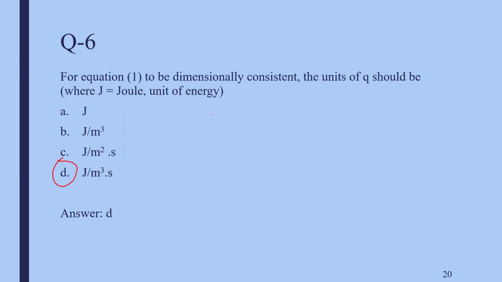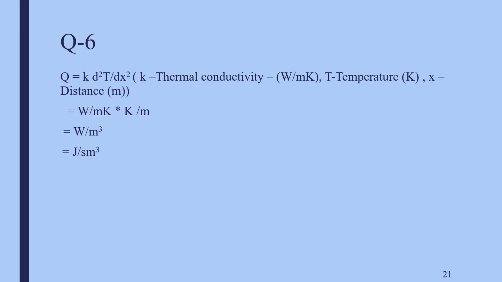But the question asks that for the equation to be dimensionally consistent, what should the unit of Q be? So we will substitute the known units in the equation and identify the unit of Q. Q is equal to k d square T by dx square, and k is the thermal conductivity.